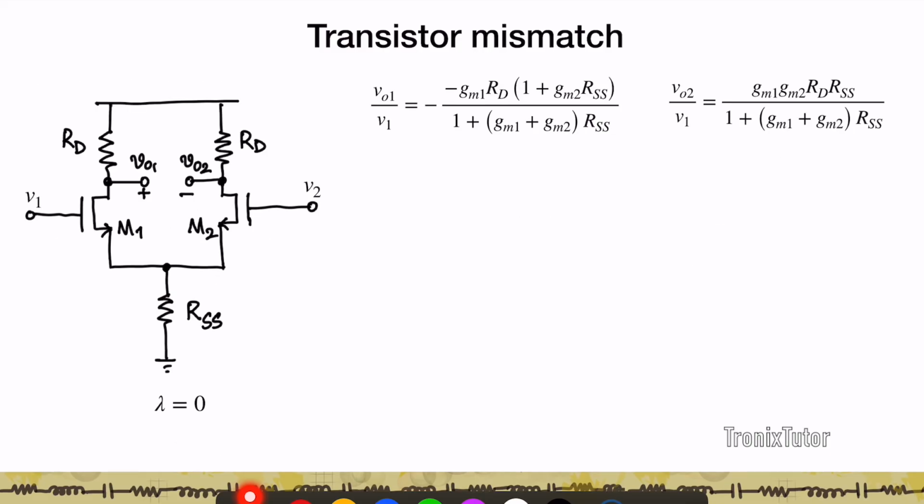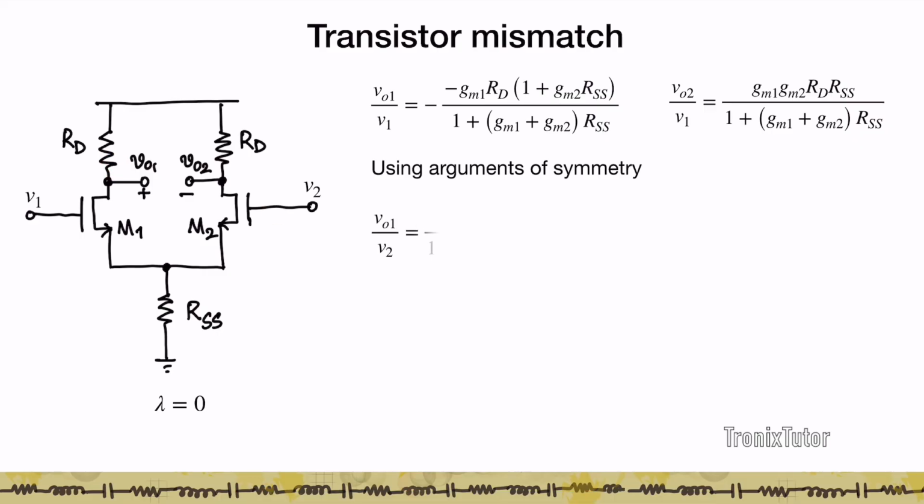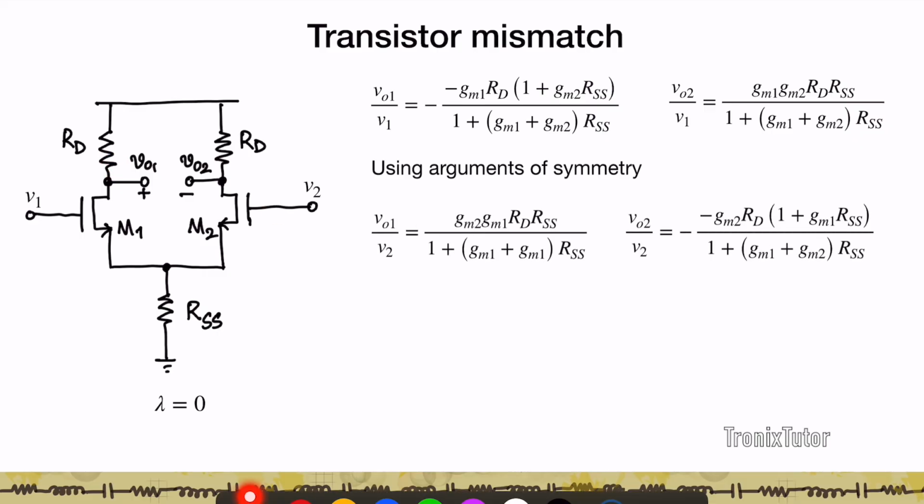Right, so we have established VO1 to V1 and VO2 to V1. These are the respective gains from gate voltage 1 to output 1, and gate voltage 1 to output 2. We know this is a symmetric circuit, so I can use the laws of symmetry and write the gains from V2 to VO1 and V2 to VO2, which would be the cross versions of this.